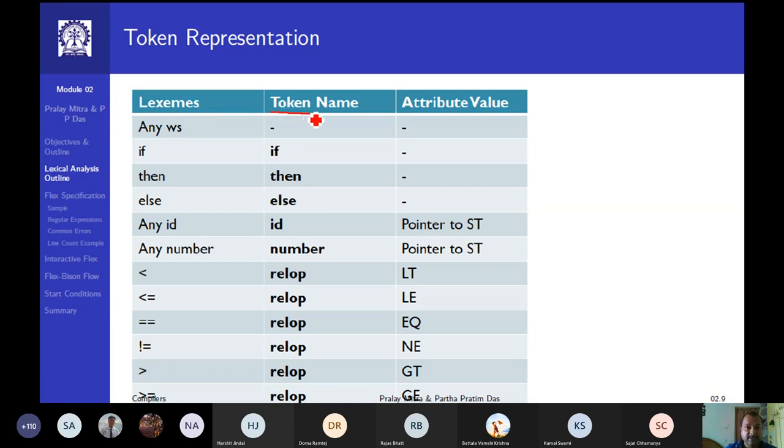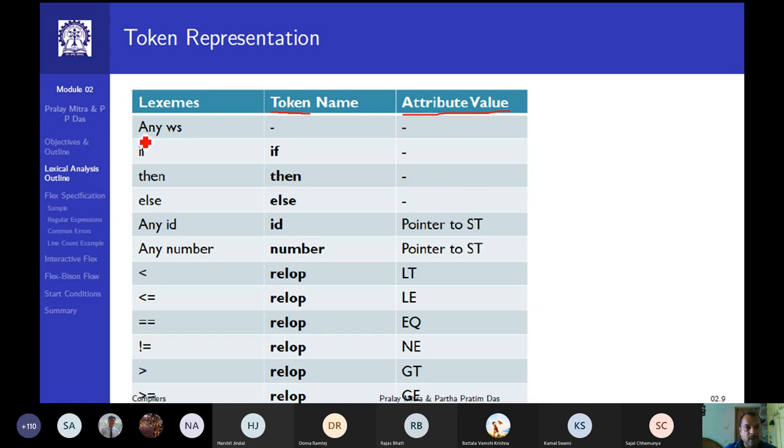The next is the token name, and then the attribute value. All of these are the relational operation token class, written as relop. Lexemes are different, which indicates that there are several instances of the relational operators.